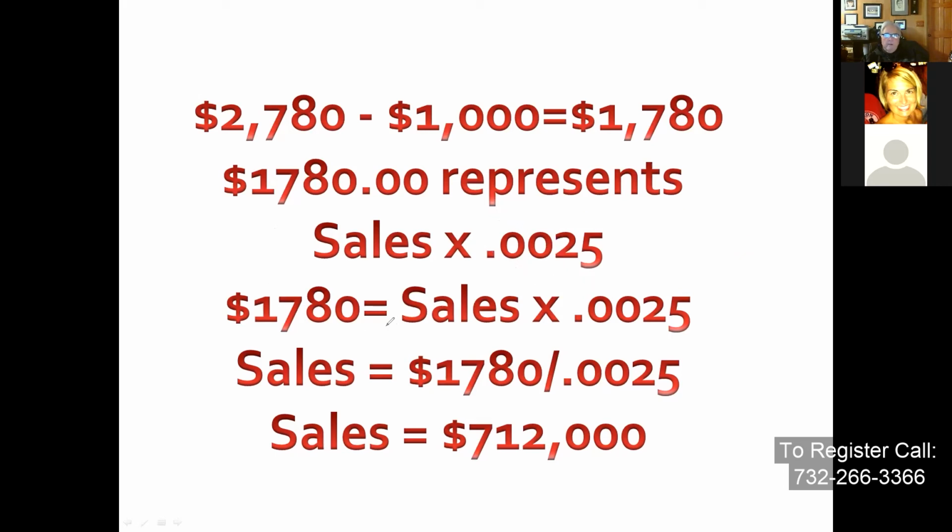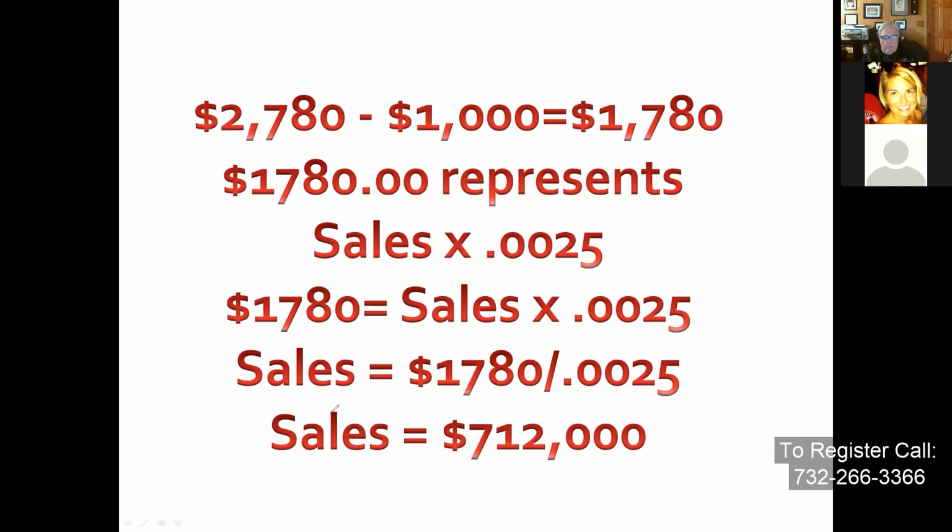So now 1780 represents her sales times 0.0025. So to solve for sales, we're going to take 1780 and divide it by 0.0025 because we're just manipulating the equation, and it's going to tell us her sales are 712,000. Now, again, you want to check it.